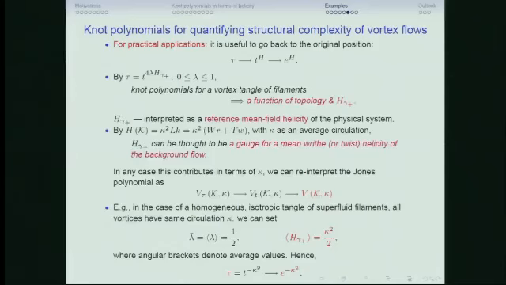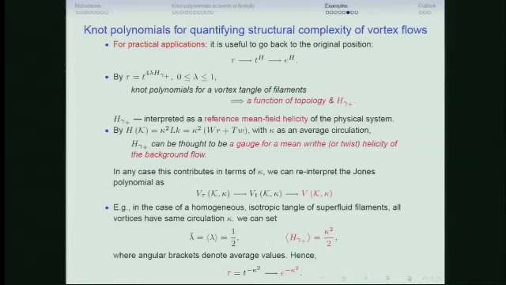Okay, now the knot polynomial for a vortex tangle of filaments becomes a function of topology, and this one, the helicity of a particular shape, just the unknot. This one can be interpreted as a reference mean field helicity of the physical system.